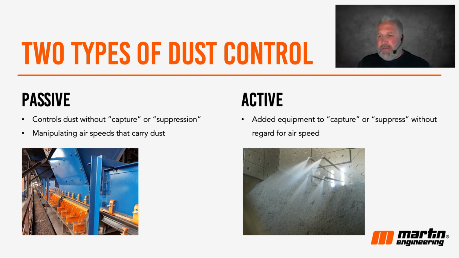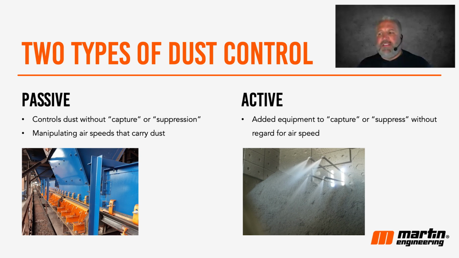Now, as opposed to passive dust control is what we call active dust control. That's what you see on the right. Active dust control is very, very common, and it's usually the first type of dust control that facilities look at.